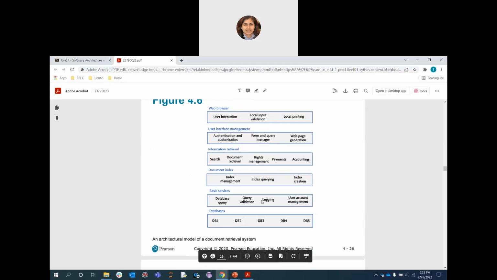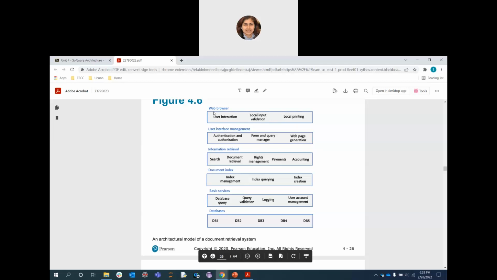This is the diagram of the architecture of the document retrieval system, and this system is designed for use in libraries and can give users access to documents that were stored in a number of private databases, maybe legal or patent databases. So each layer in the system includes a number of logically related components.